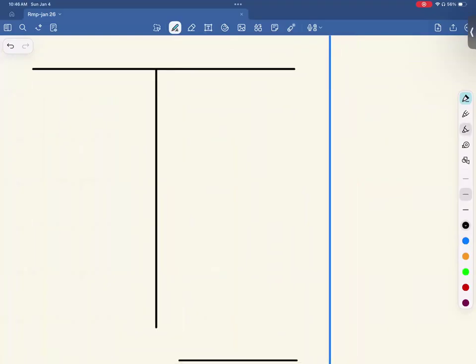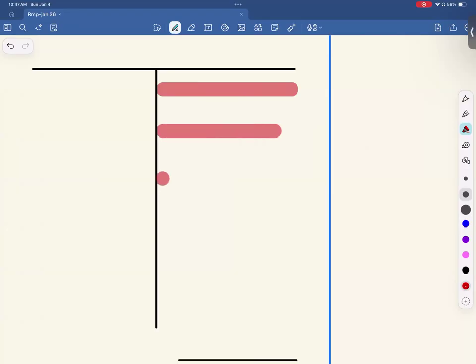A T-shaped diagram. On one side, you have threats. On the other side, you have opportunities. So let's say I'm drawing this here. Then there is another one here. Then there is another one. These are all those factors that we considered.